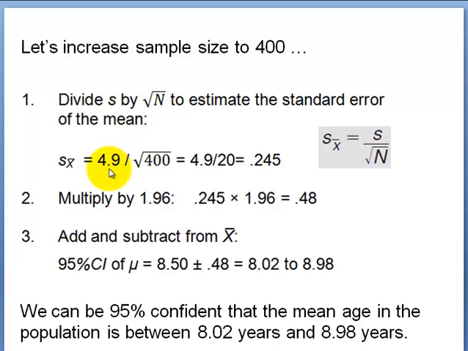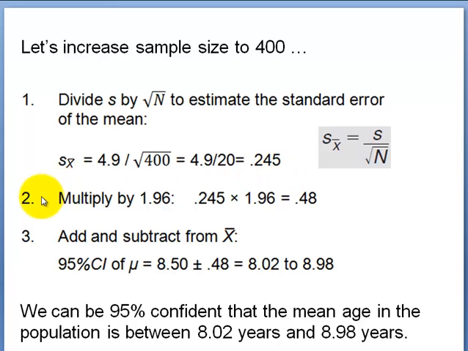We continue to presume the standard deviation in our random sample was 4.9, and we divide by the square root of 400. And so we estimate the standard error of the mean to be 0.245. So this is a smaller estimate. When sample size was 100, our estimate was 0.49.